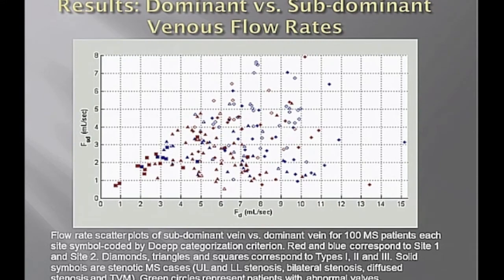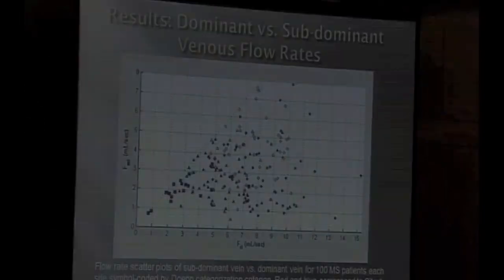I don't want to spend too much time on this, but in this plot, I took a scattergram, and we've plotted the flow in the dominant jugular vein and then the flow in the subdominant jugular vein. So this line is the line of identity when they're both equal, and the solids represent those MS patients who had structural abnormalities.